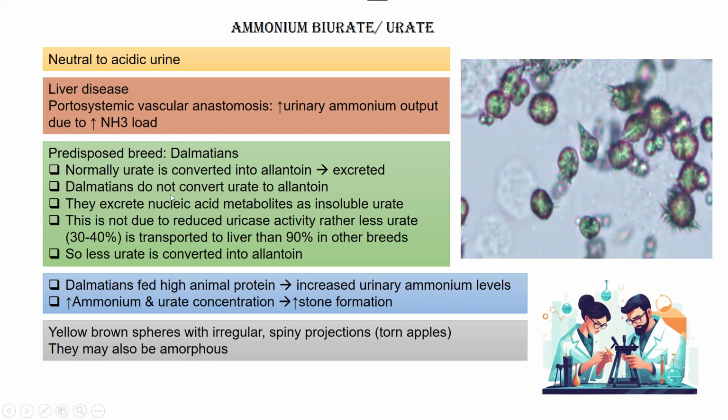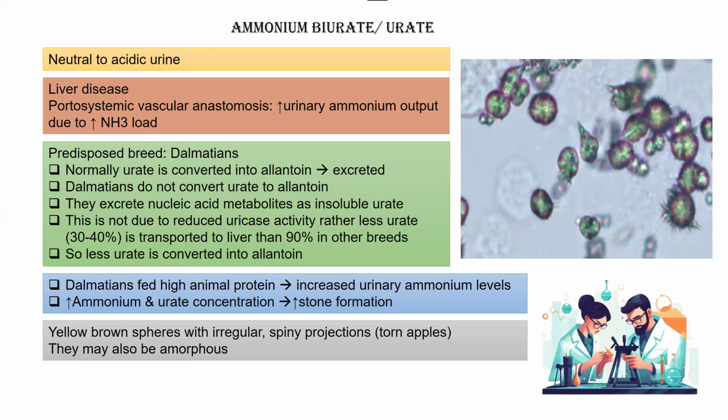and this is a normal physiology of Dalmatians. This is not due to reduced uricase activity in the body. Dalmatians have this condition not because their liver is not functioning or uricase enzyme activity is disturbed. No, they normally have this physiology that in their body less urate, almost 30 to 40%, is transported to the liver, and 90% transportation should be done like in other breeds.